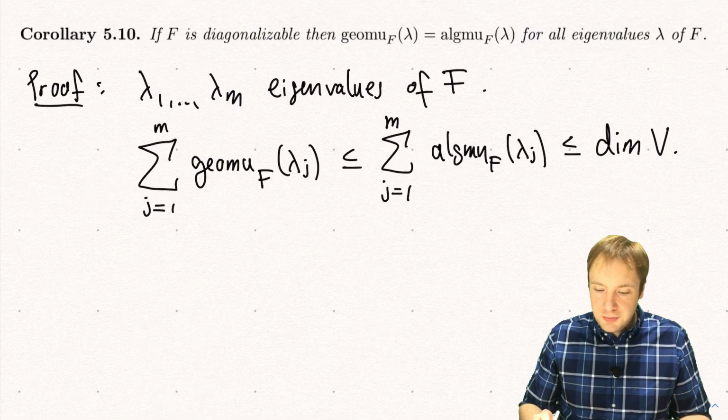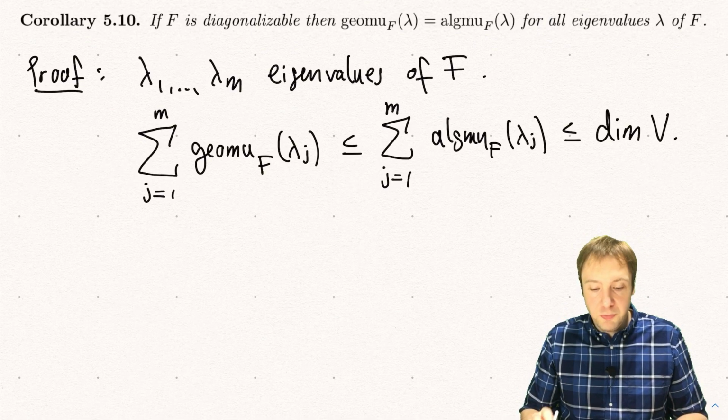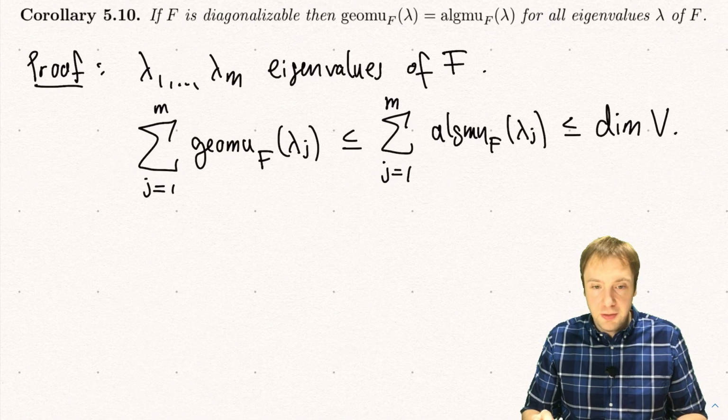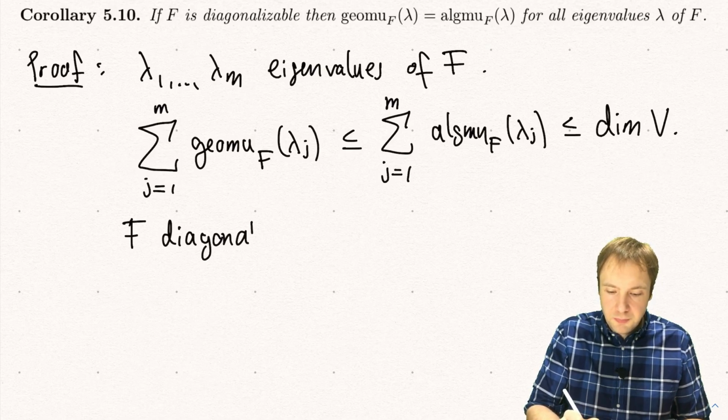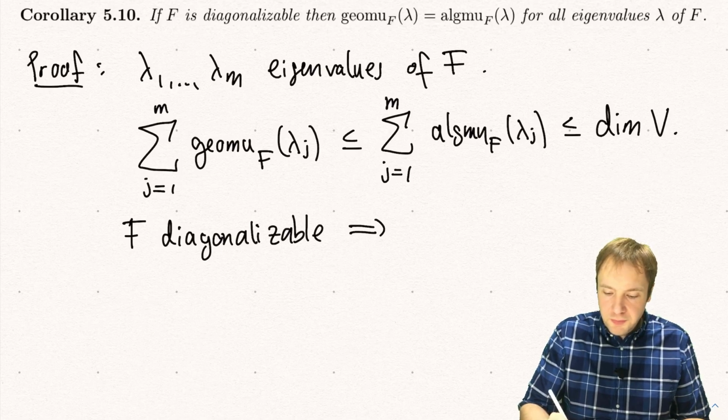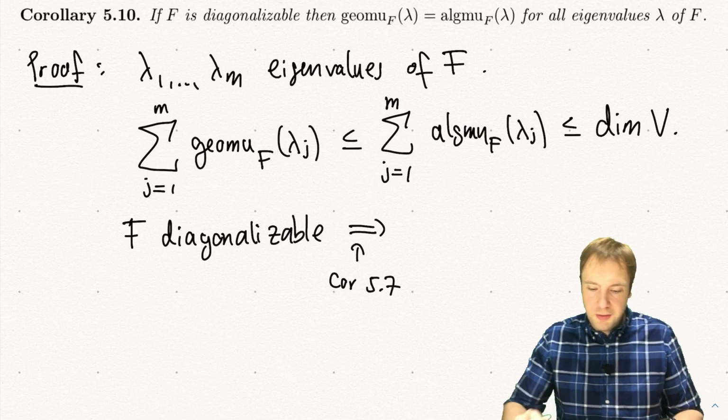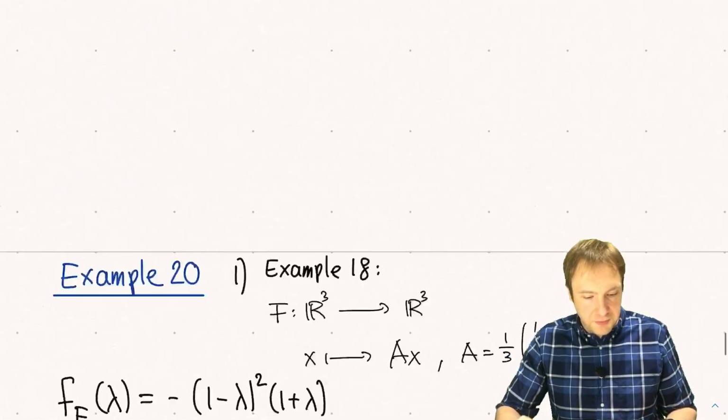But we also learned, or this is what you prove in the homework, in this corollary, that if f is diagonalizable, then, and this is corollary 5.7. So let me go back to corollary 5.7.